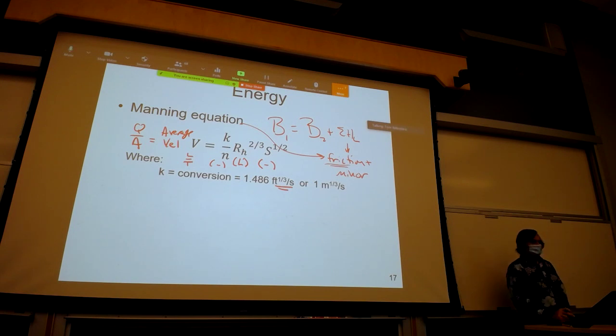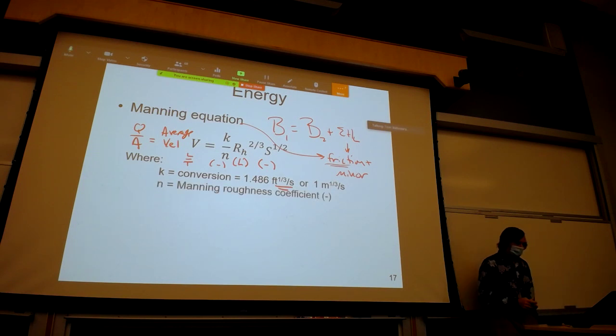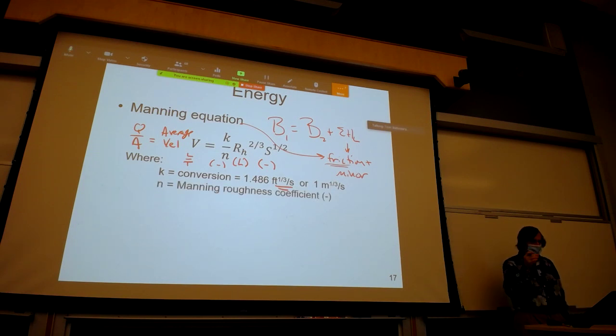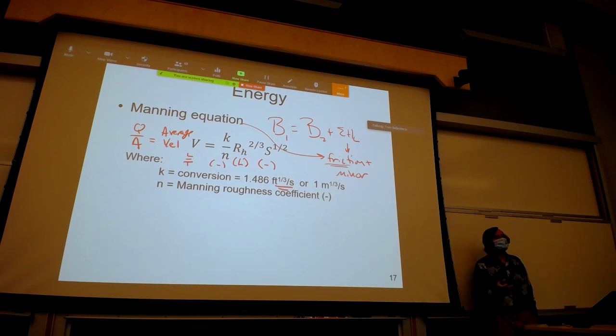So again, K is dependent on the units you're using, whether you're using the British gravitational system or the international system. And n is the Manning roughness coefficient. It's dimensionless. We'll talk more about that. And just like the Hazen-Williams equation in pipes, where the Hazen-Williams roughness coefficient was only a function of the material, similarly, Manning's roughness coefficient is only a function of the bed roughness, the bed material.